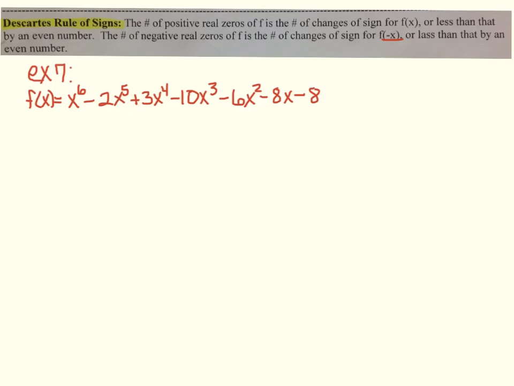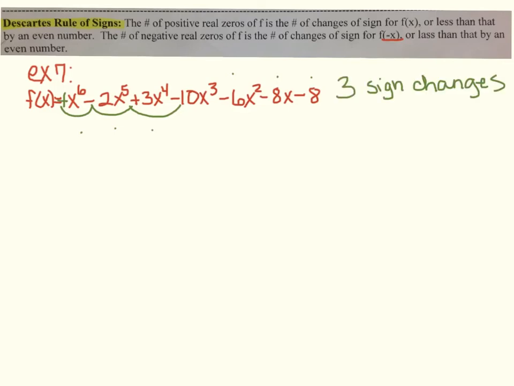This is a positive x to the 6th, and then this is a negative, so that's one sign change. Then negative going to a positive is another sign change. And positive going to a negative is another. Then negative to negative is not a sign change, and negative again is not a sign change. So we have 1, 2, 3 sign changes.